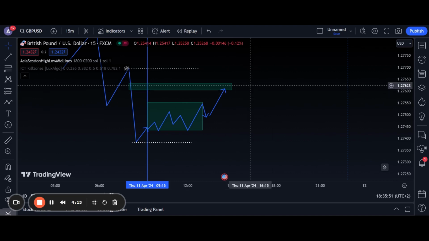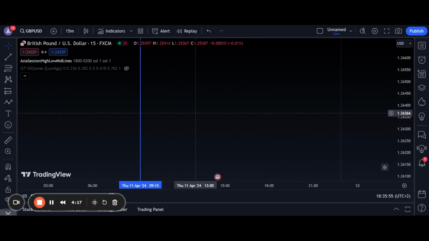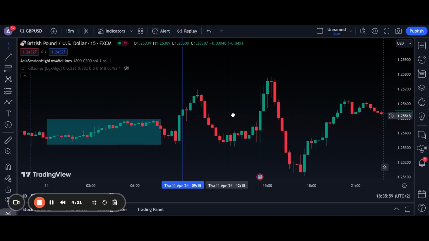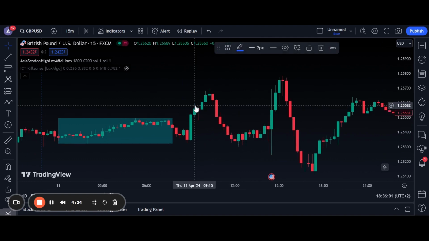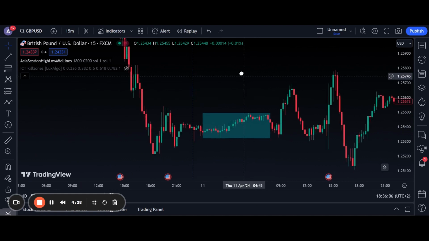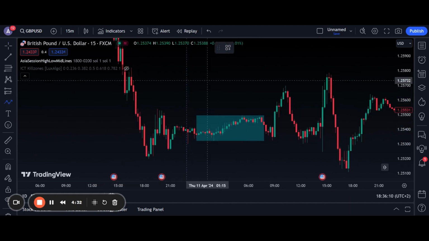Let me go over to the real charts and show you how this looks. I already found one here on GBP USD. So let me just remove this one. In here, this is basically the whole model. What can we see? This whole price action is from the day before. As we can see, we have here the period separator.